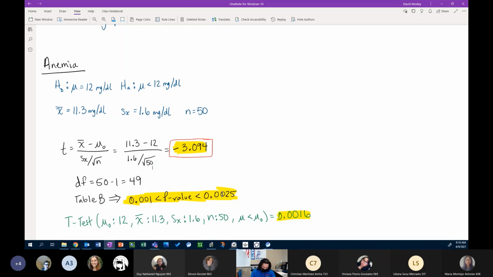We're going to use degrees of freedom of 49, which then means on table B, I believe the closest we get will be 40. All right. So then we refer to table B.